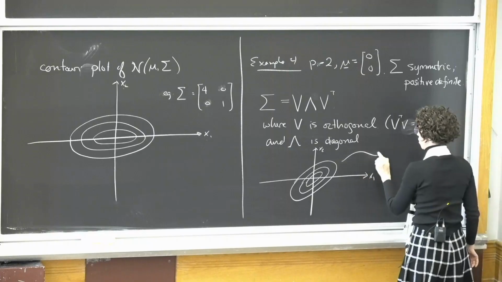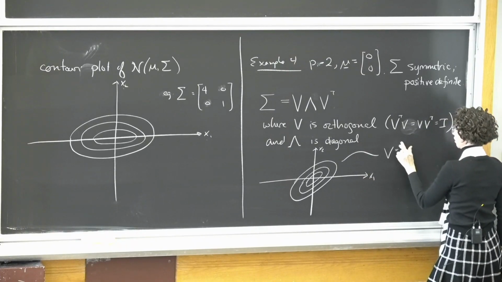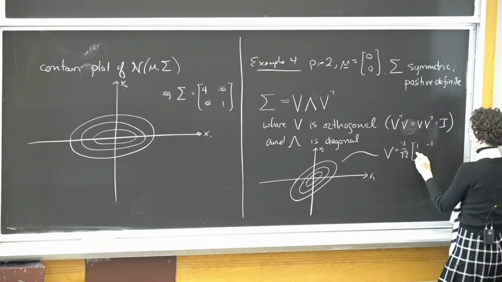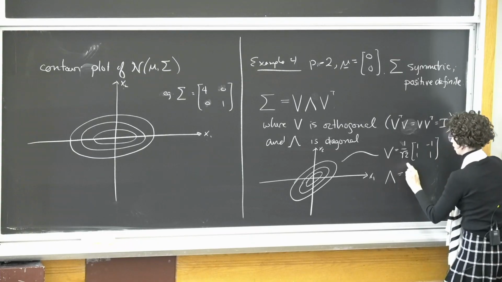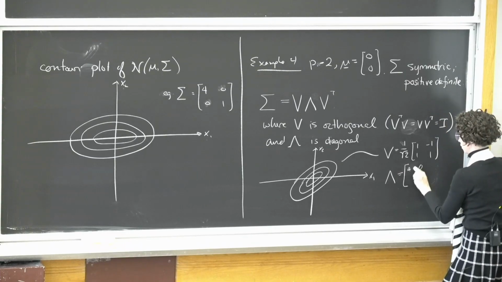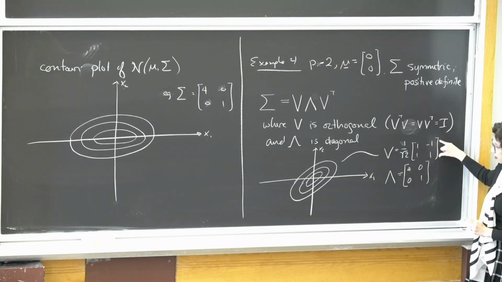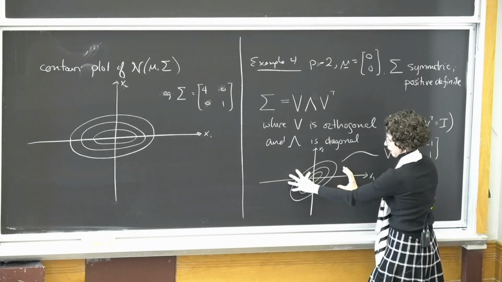So this example corresponds to V equals 1 over root 2 times 1, negative 1, 1, 1, and lambda equals 4, 0, 0, 1, or something like this. So this is telling me the V that I am rotating from my original coordinate axes.